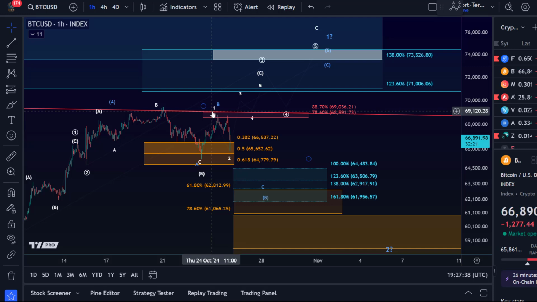The blue B wave top is quite likely, which means we could test the blue support area for the blue B wave, right? Between 64,480 and 61,950. There are 4 Fibonacci levels: the 100% extension, 123.6 extension, 138% extension, 161.8 extension.